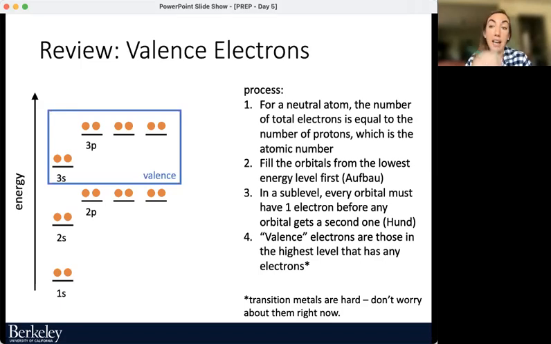So if it already has a full valence shell, it doesn't need to do anything. So it's not going to do any reactions or form any bonds or whatever. It's happy as it is. If it doesn't have a full valence shell, then it's going to try to react. It's going to try to find a friend and do something to fill up its valence shell. That's going to be the whole focus of today: what are atoms going to do to try to end up with a full valence shell. So that's a great question.